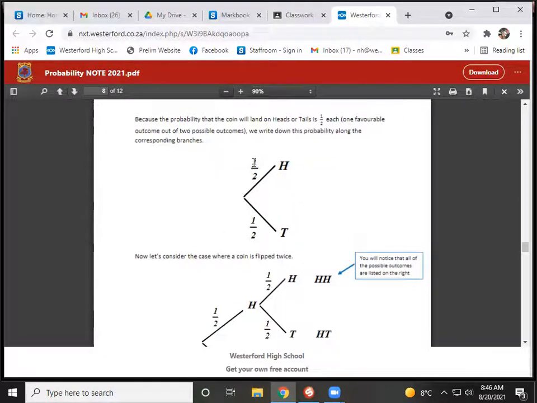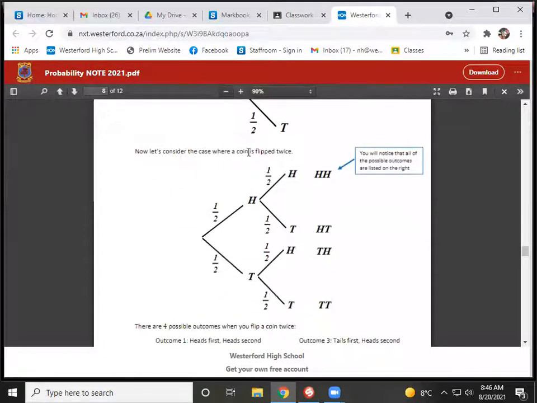Something that's important is that on one set of branches, whether it's 2 outcomes or maybe even more than 2, all the probabilities must add up to 1. We'll look at that now when we actually look at a tree diagram in number 2. So if you have this probability plus that probability, they always have to add up to 1. So a half plus a half, that is 1.